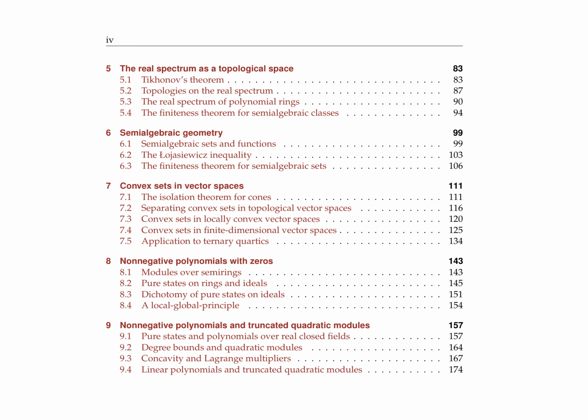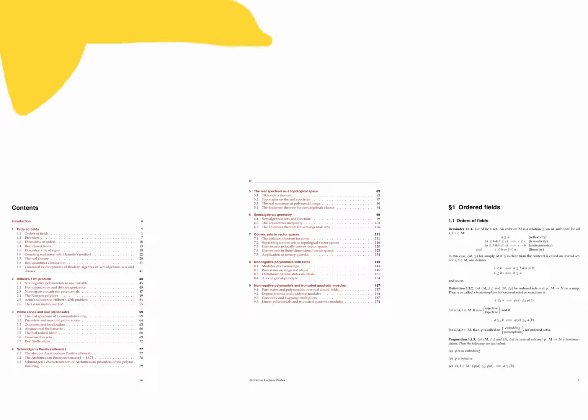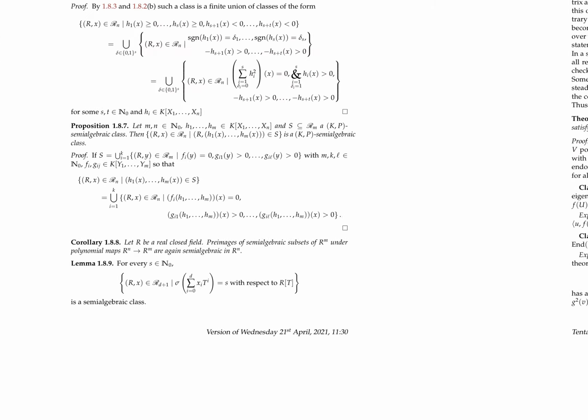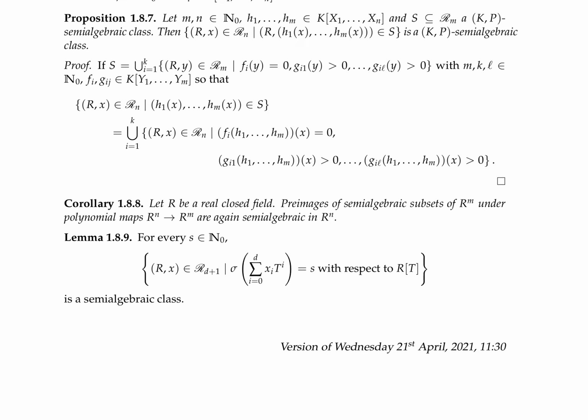Of course we did already a little bit of semi-algebraic geometry, namely in chapter 1.8, I think, so very early in this course. For example, here we had a result: if R is a real closed field, then pre-images of semi-algebraic subsets of R^m under polynomial maps from R^n to R^m are again semi-algebraic in R^n.